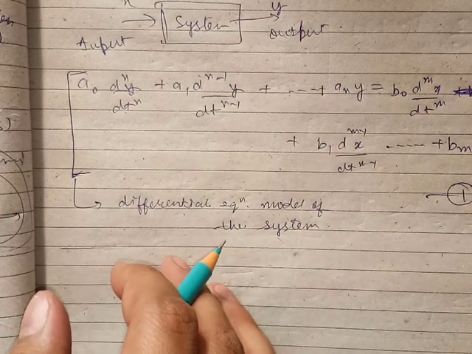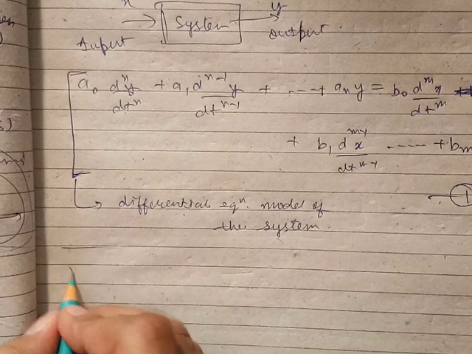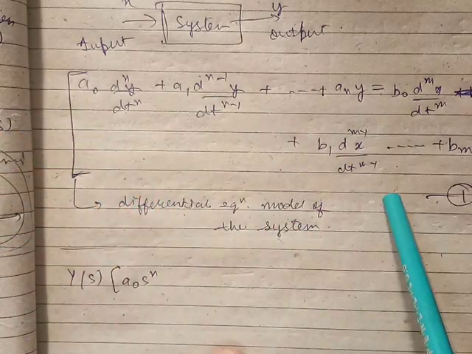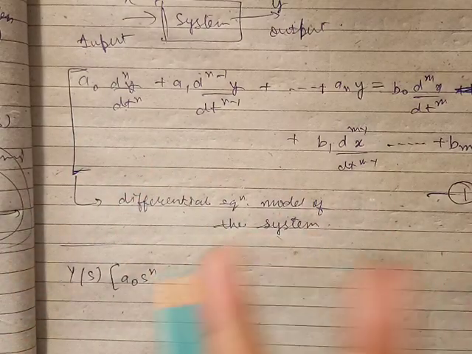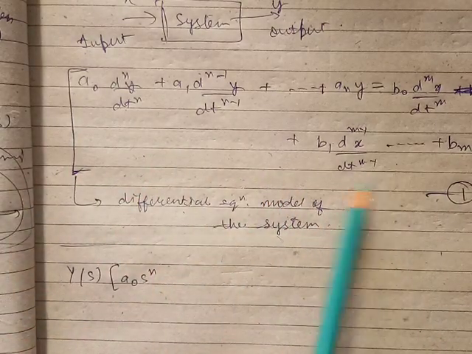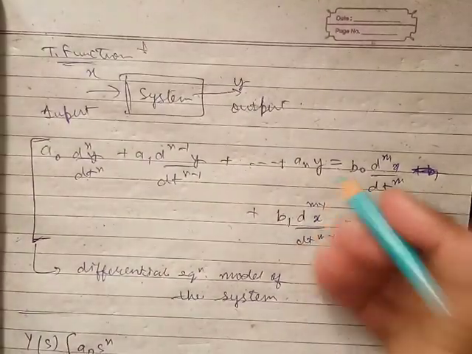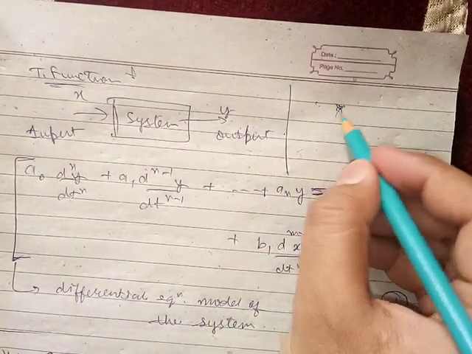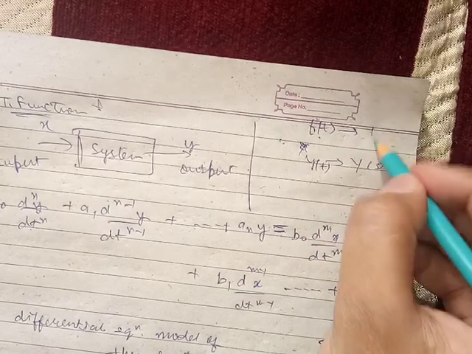So I'm applying Laplace, taking Y of s common from the left hand side and X of s common from the right hand side. I told you in the previous class that y of t is converted to Y of s, like that f of t is converted to F of s.